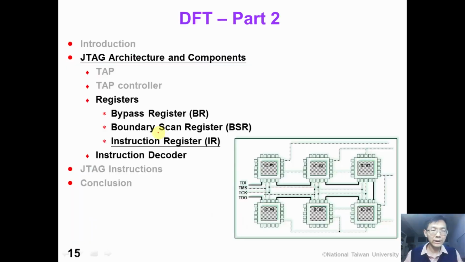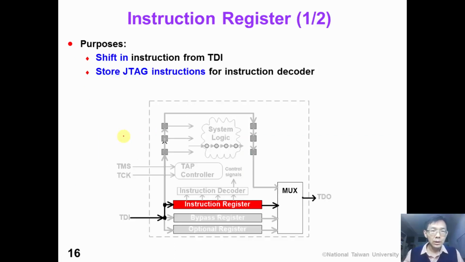Now let's move on to the second important register, the instruction register. The purpose of instruction register is to shift in our instruction from the TDI input. It also stores JTAG instruction for instruction decoder.